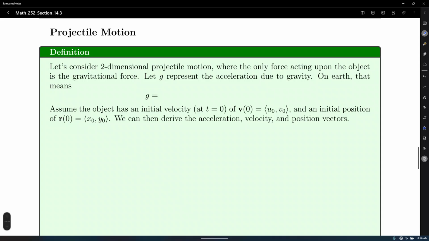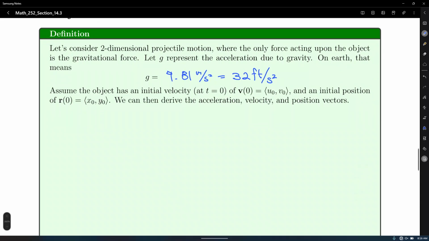Okay, so g in general, it's either the 9.81 meters per second squared or 32 feet per second squared. All right? Okay.